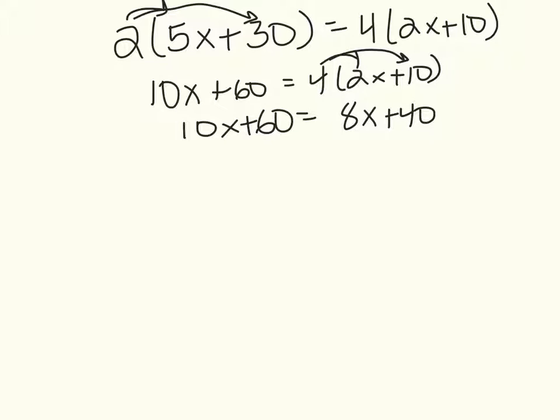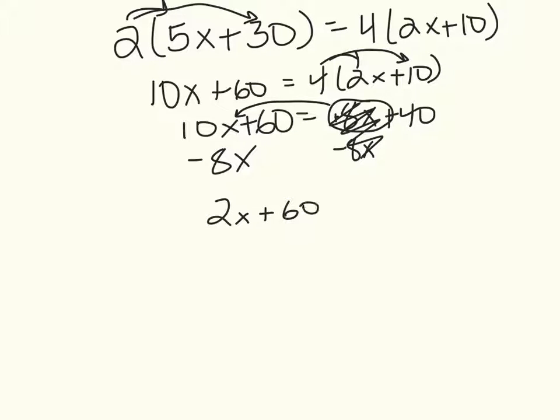And I'm ready for my next step. I'm going to move my 8x to be on the other side so that all of my x's can be together. The opposite of a positive 8x is a negative 8x on both sides. Goes away. 10x minus 8x is 2x. And I rewrite my problem.